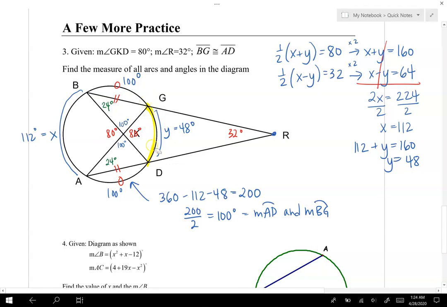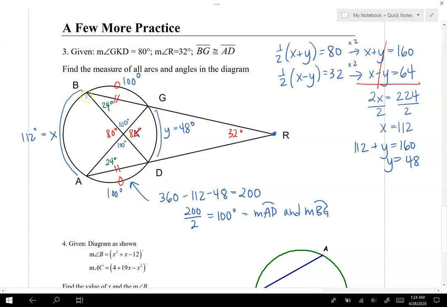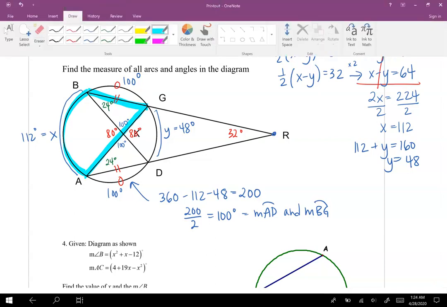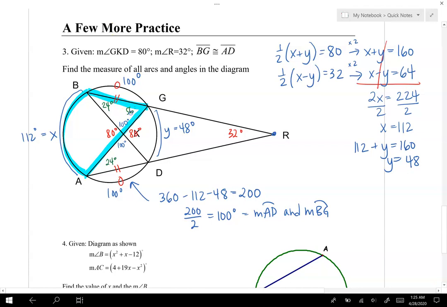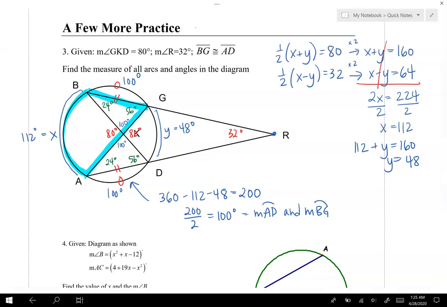And you could do the same on the other side. Here's your arc that opens to 112. Here's your angle. Half of 112 is 56. And then we'll do it again here, 56. So I think that's all we can find of that.